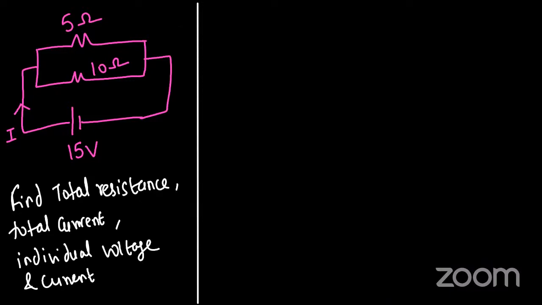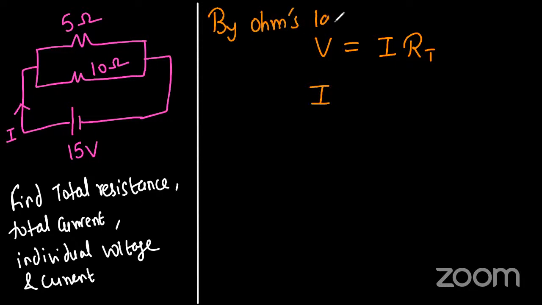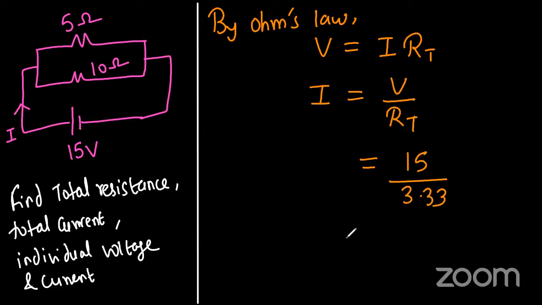What is Ohm's law? V is equal to IR. लेकिन यहाँ पे R क्या होगा? RT. मुझे क्या फाइंड आउट करना है? I. So what is I? We can write here by Ohm's law, I is equal to V upon RT. What is V? V is 15. What is RT? 3.33. चलो find the current.